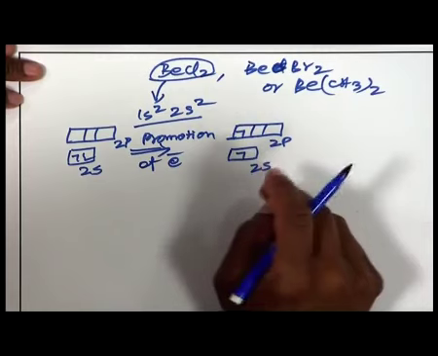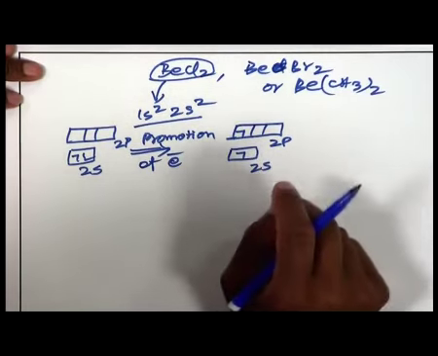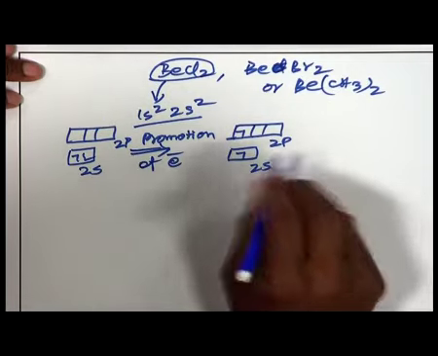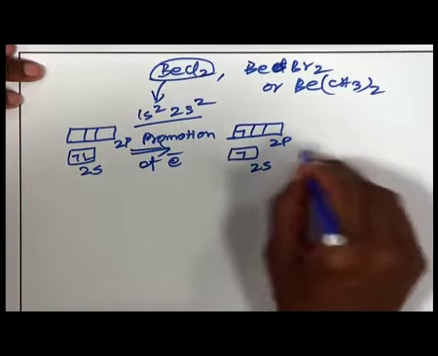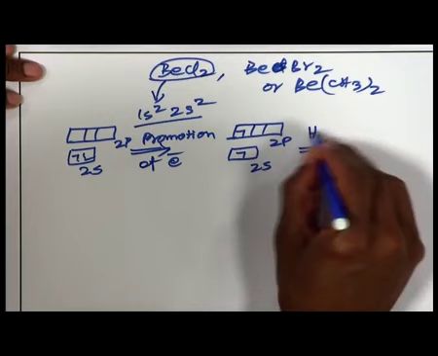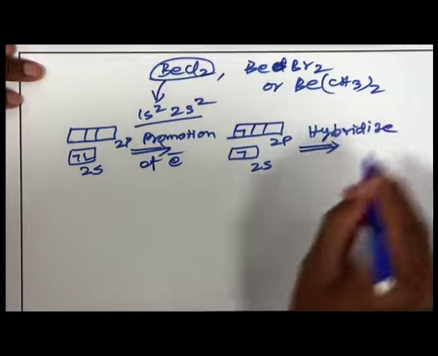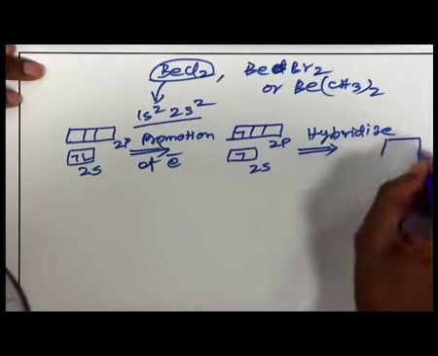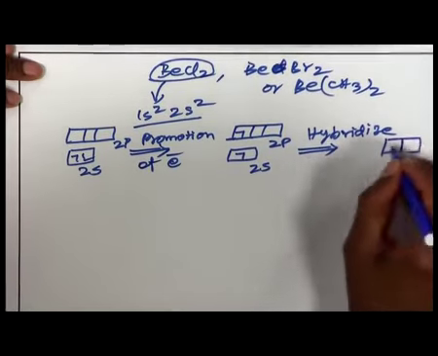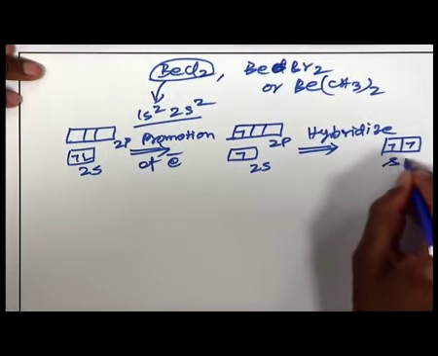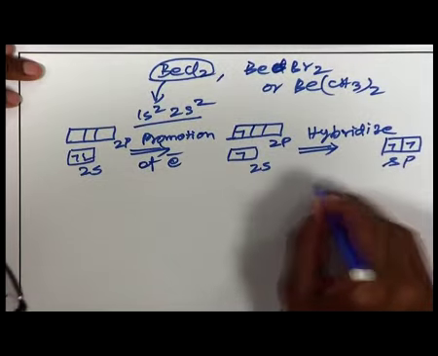Now you have 2 orbitals containing 1 electron each. Now it has to undergo hybridization to give 2 equivalent hybridized orbitals containing 1 electron each. This is called an sp hybridized orbital.